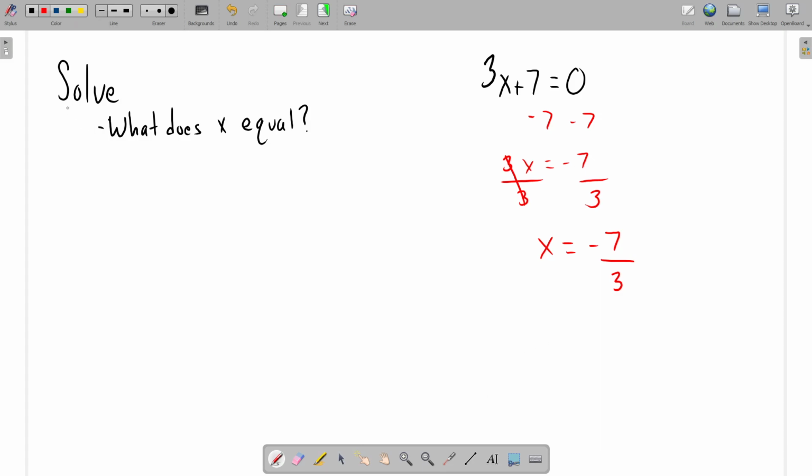Another word that you might see instead of solve would be find the zeros of the equation, and the reason why it's called find the zeros is because the equation is set equal to 0 and we're looking for the values of x that output a 0. It could say instead find the roots of the equation.